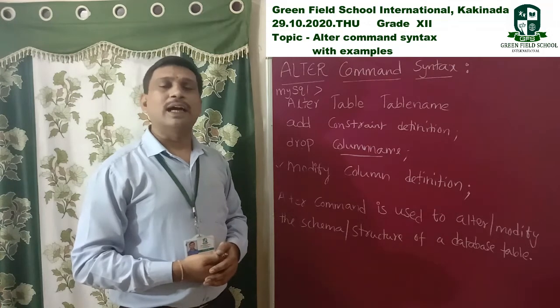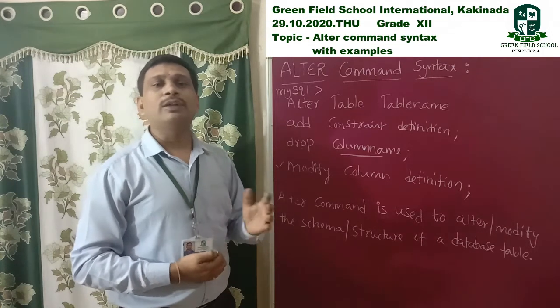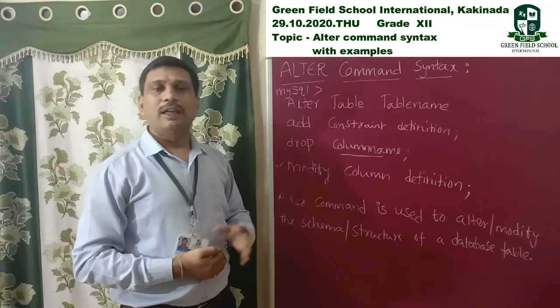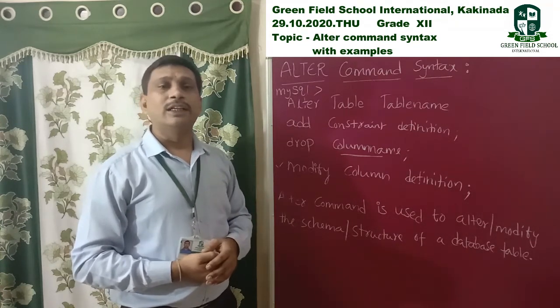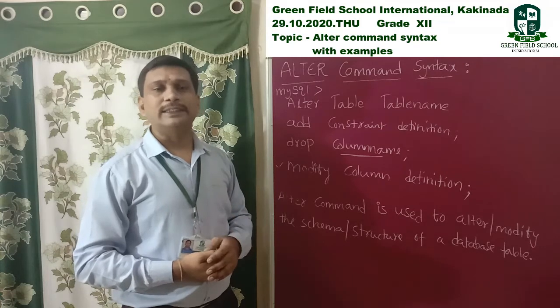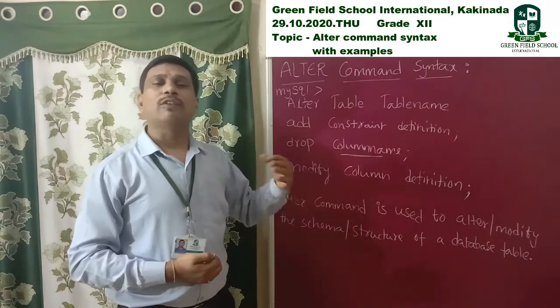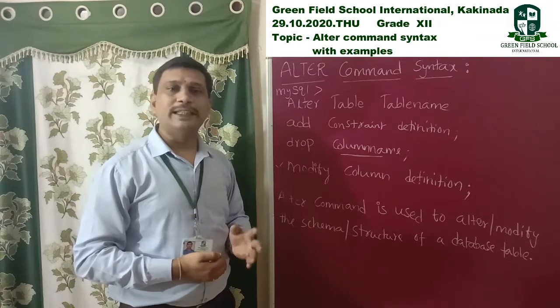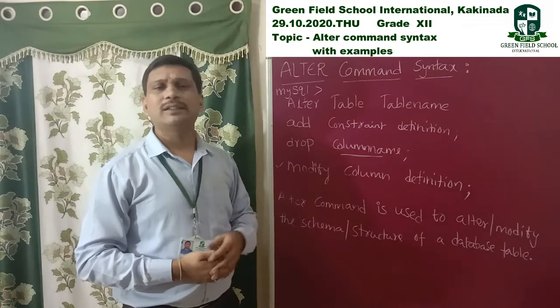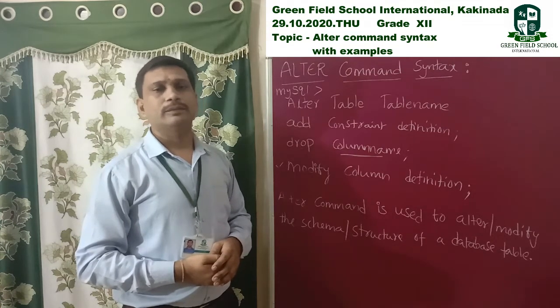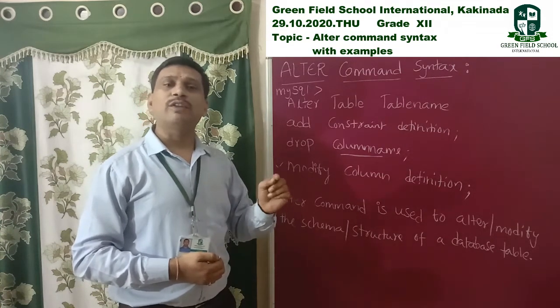This is the command when we change the data type of one particular column. Suppose I want to change character of 10, already changed to varchar of 10, to varchar2 of 12. That means I change the size of the column of that particular data type. Up to now we discussed varchar2 of 10.